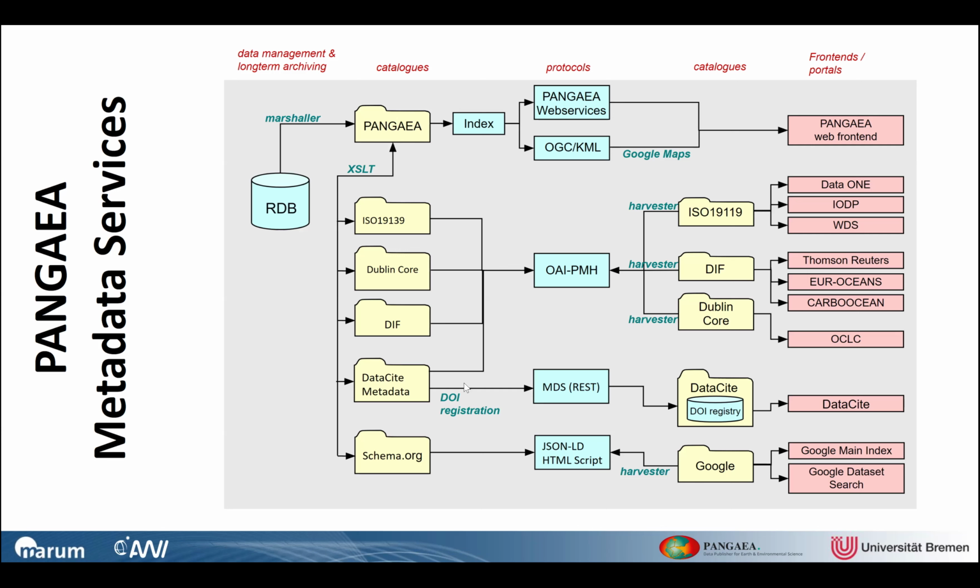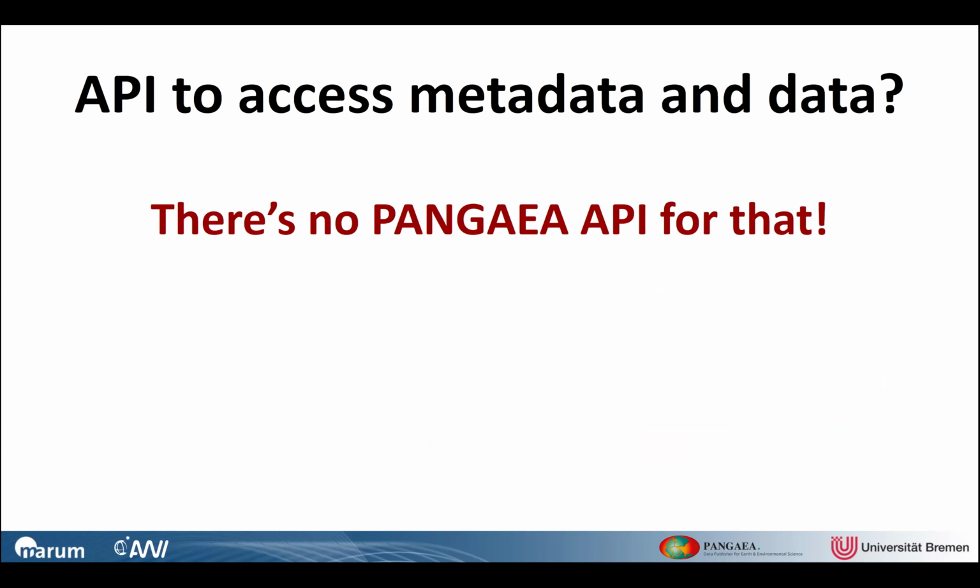So, this is all needed for a FAIR compatible repository, and I will show you now how those machines here on the right side, like for example Google, are getting the metadata and the data of datasets. And the first thing is, you only have a DOI and you want to get the metadata behind that DOI. But actually, PANGAEA does not have an API for that because there's no API needed, because in the web standards it's already included that you can access metadata and data by some special mechanism.